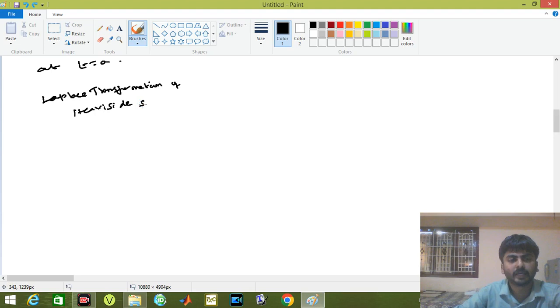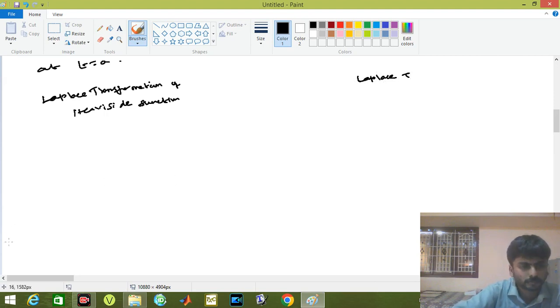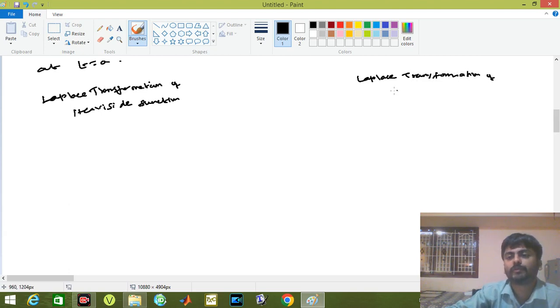You can simply write Heaviside function. Then the Laplace transformation of the Dirac delta function.